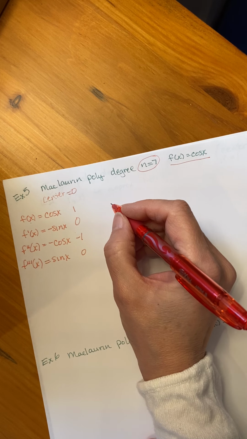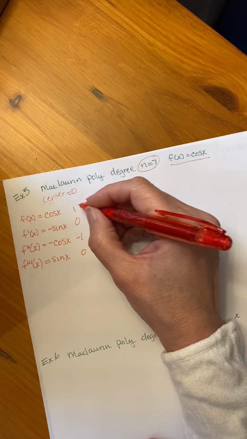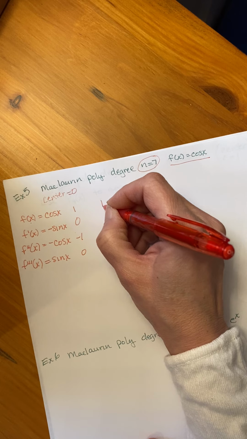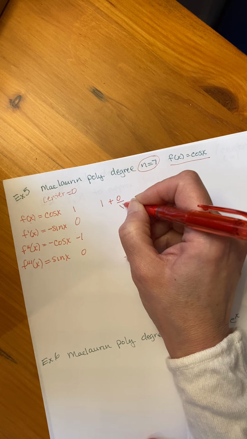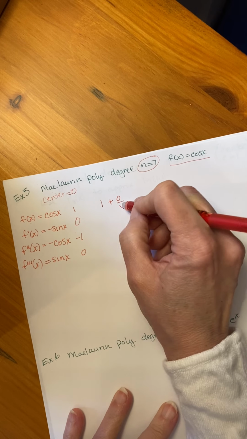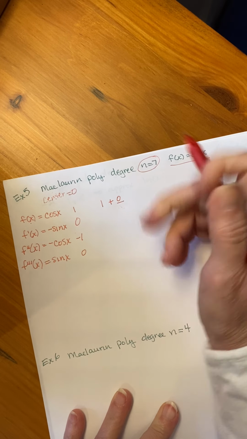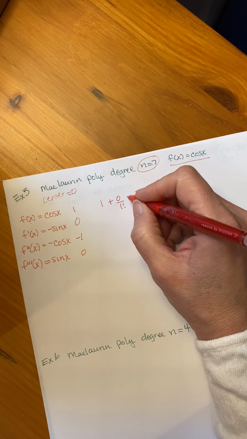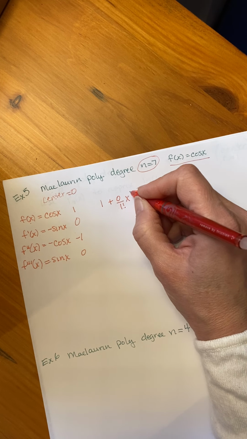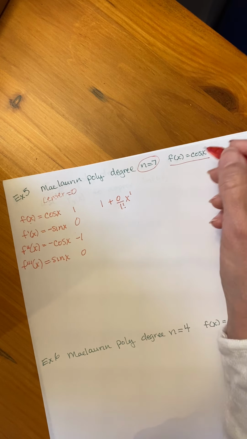And here's how this is going to work. So the first term is going to be a 1, and then plus 0 over 1 factorial. Do you remember this happening? And then this would be x to the first, x minus 0, because our center is 0.